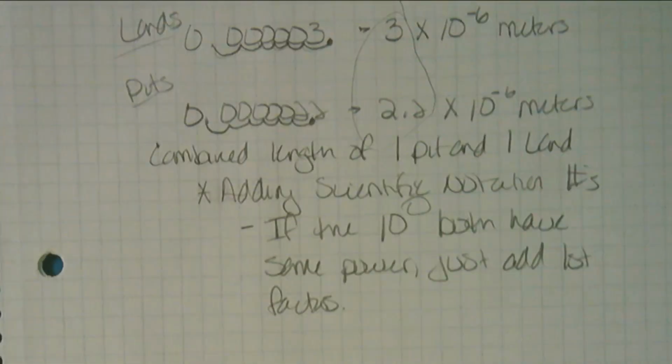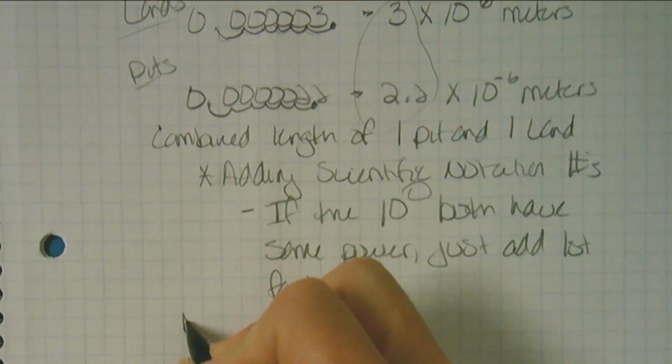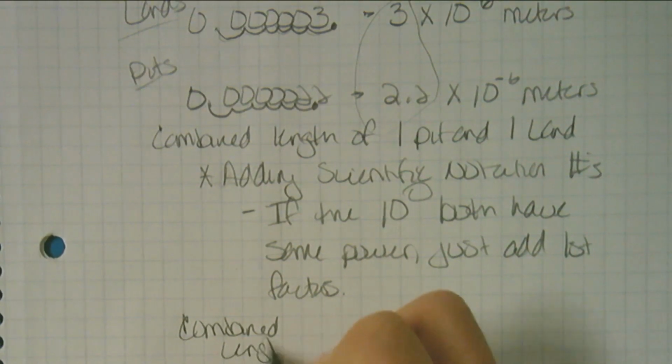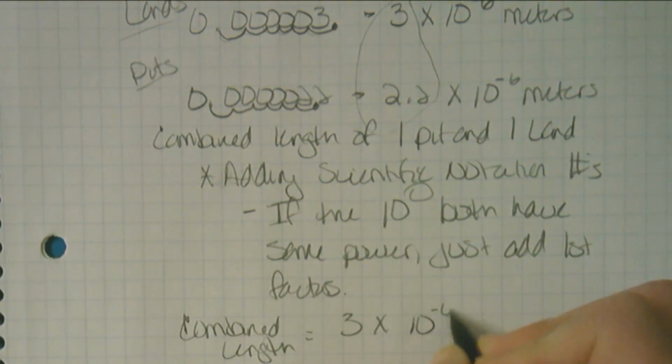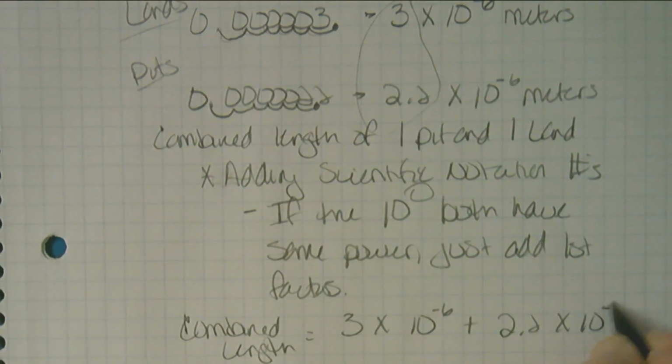I'm not going to give you any where they wouldn't, because that's different math. So my combined length is going to be 3 times 10 to the negative 6 plus 2.2 times 10 to the negative 6.